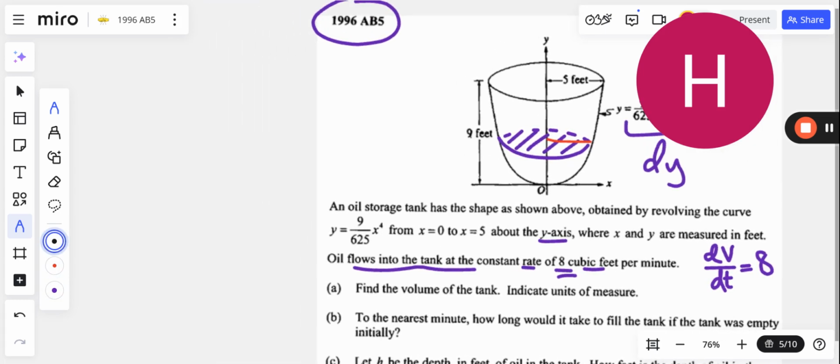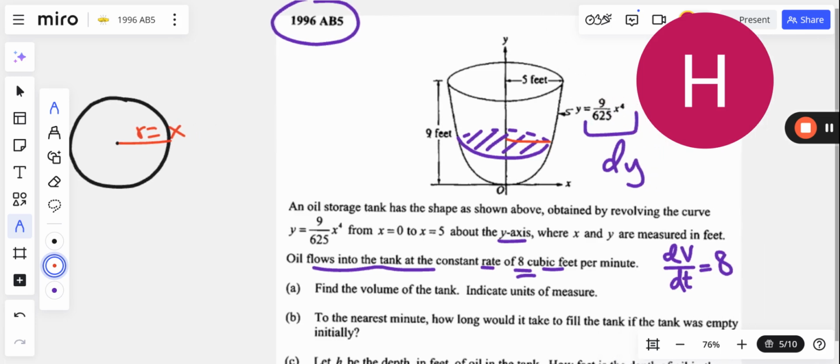Whenever you're trying to calculate volumes by using integrals like this, it's really good to get a cross-sectional shape. The center is the y-axis, and the radius at any given time is just the x value. So we need x to be a function of y because the thickness of these discs is this little thickness dy.